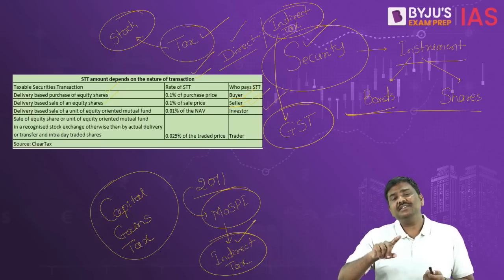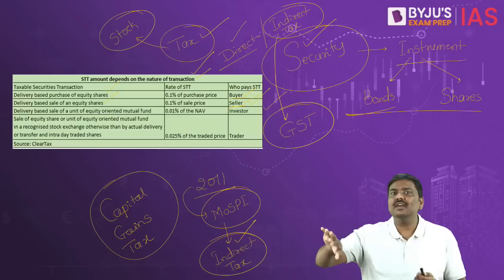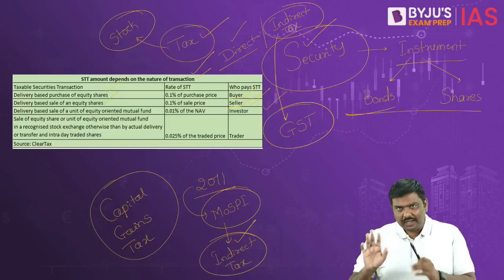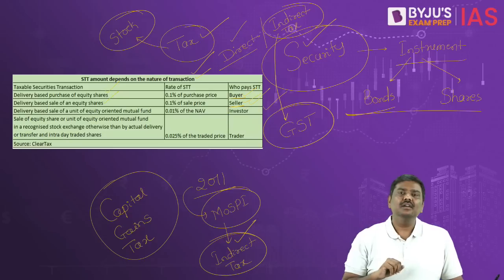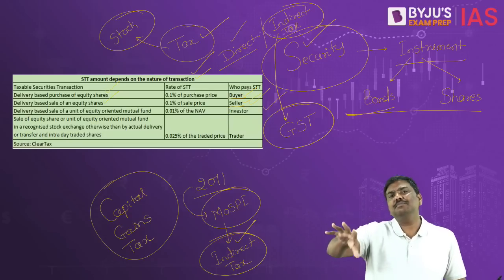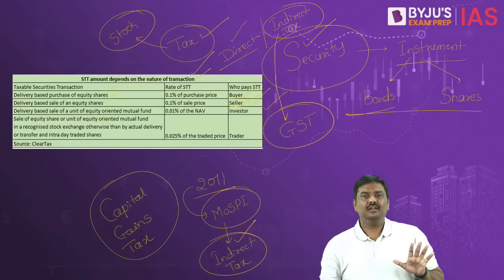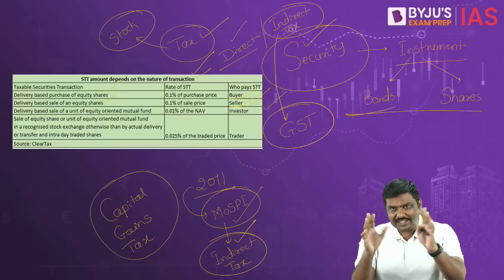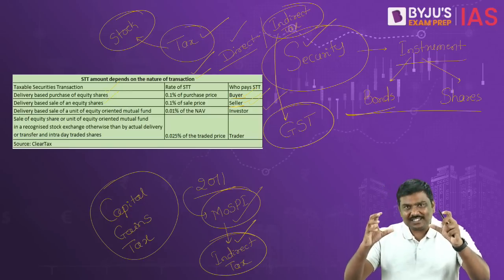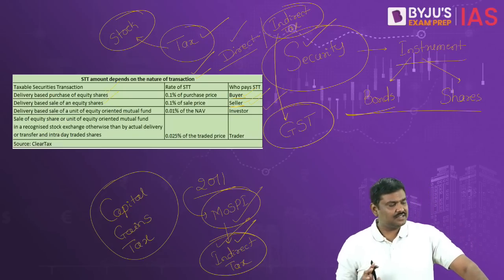What they do is they will transfer the burden to the buyer or seller, wherever it is applicable. If it is a buyer, they will transfer it to the buyer. If it is a seller, they will transfer it to the seller, collect it and give it to the Government of India. That's the precise reason why the MOSPI annual statistics document will classify this tax as an indirect tax.